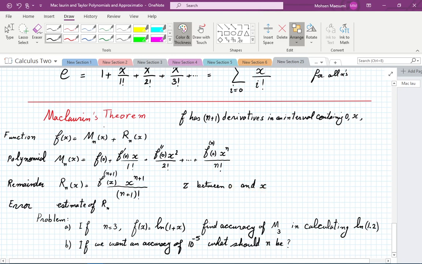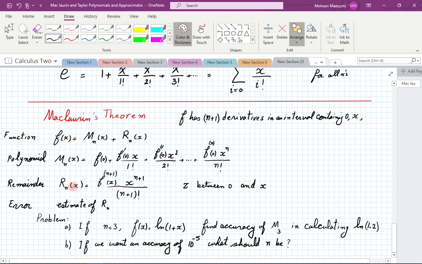So what the theorem says is that the gap, the error that you see, is always equal to such a term. The only thing is that we don't know where this z is. If we knew, we would be almost done, but typically we don't know where it is, except that we know it's between the origin and the point at which you are evaluating the function.